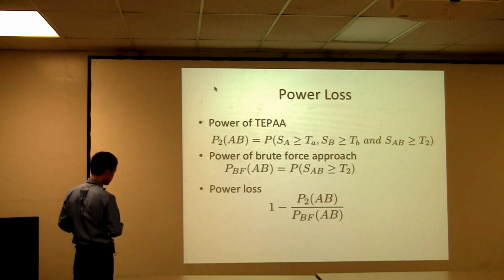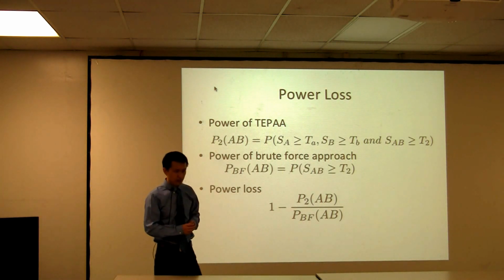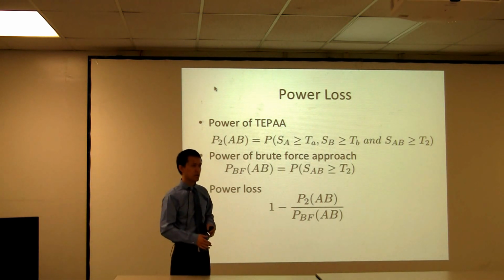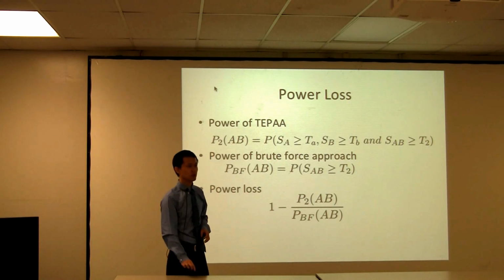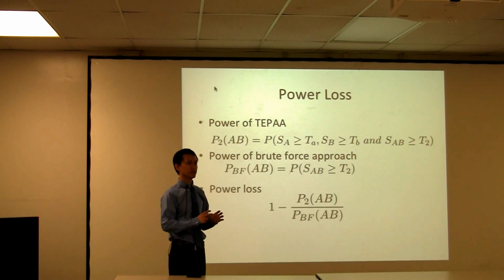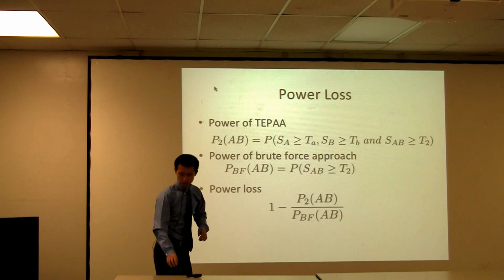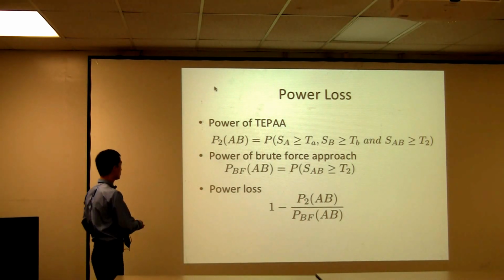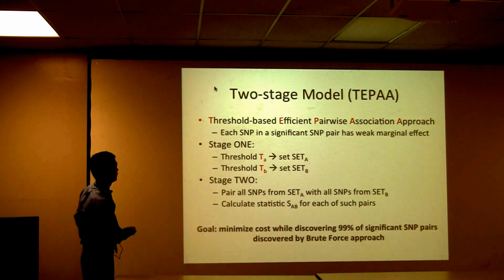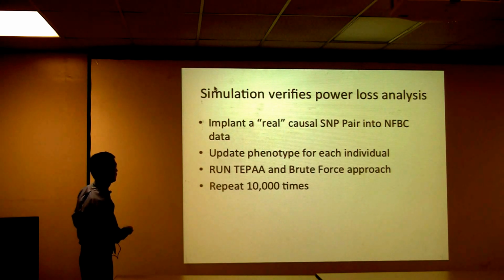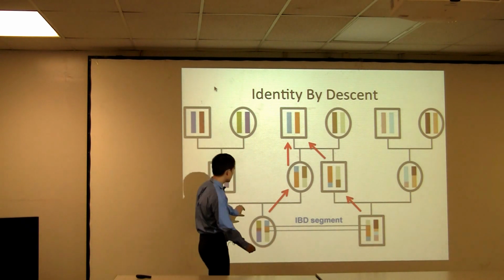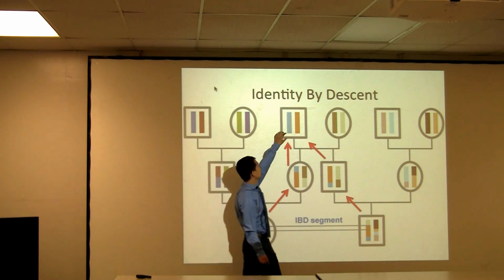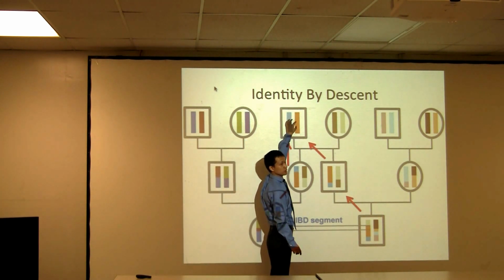Right. Well, I don't have the exact number now, but I remember that the length is not very long because the current IBD detection methods did not do a good job in phasing. For example, in this figure, these IBD segments are predicted to be from the same chromosome, the same strand.